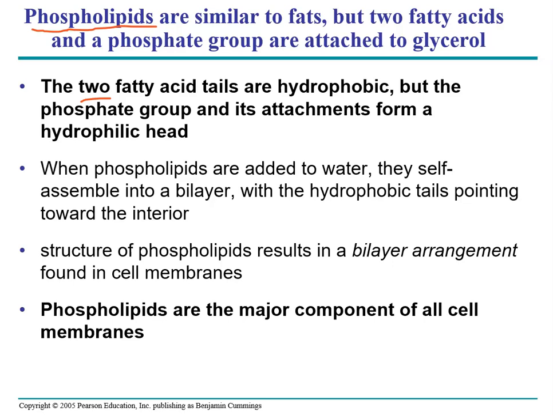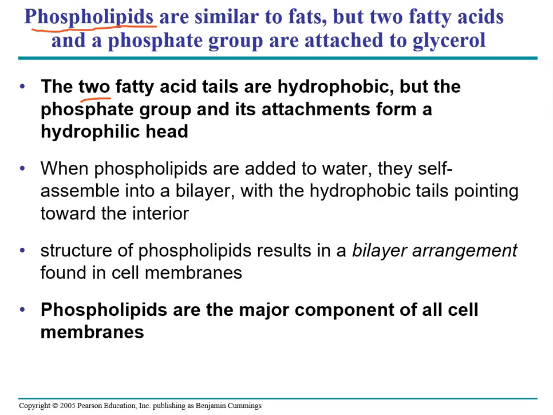But in addition, there's going to be a phosphate group that gives this molecule a hydrophilic region and a hydrophobic region, because the phosphate is an ion, PO4 3-. So this molecule is different in that respect: it has polarity.